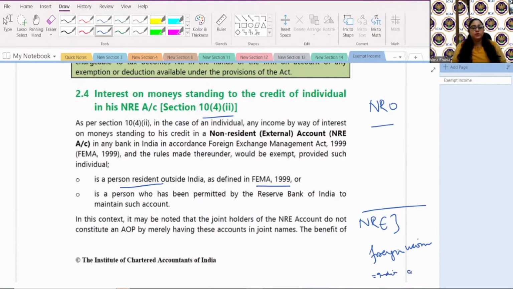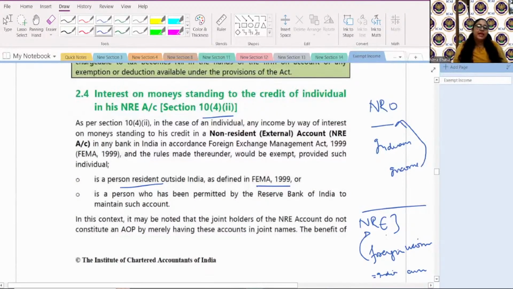So both the accounts are opened in Indian currency. Here their foreign income goes, here their Indian income goes. Whose am I talking about? NRIs'. In an NRO account Indian income goes, in an NRE account foreign income goes. This is just like any other saving account, but it is not a proper saving account. It's an NRO account where Indian income comes.